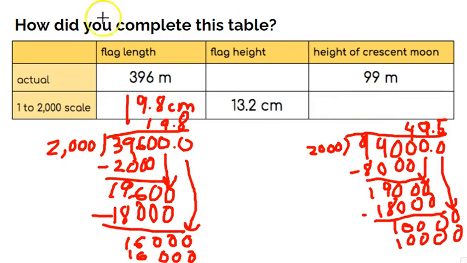Oops, I did something wrong. I know what I did wrong. I have the right digits. But what did I do wrong? Yeah, it was a place value problem. 99 times 100 is 9,900, not 99,000.